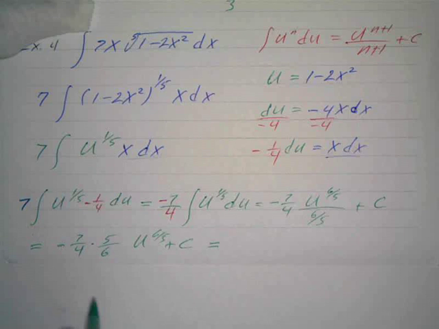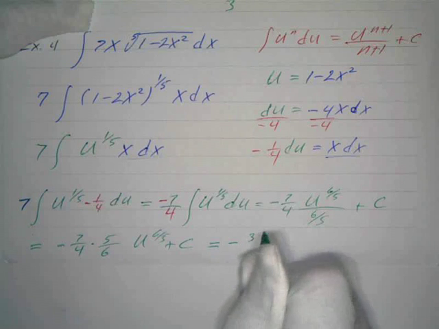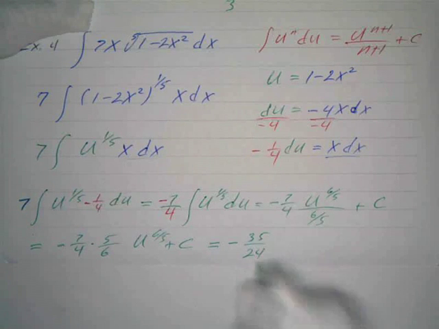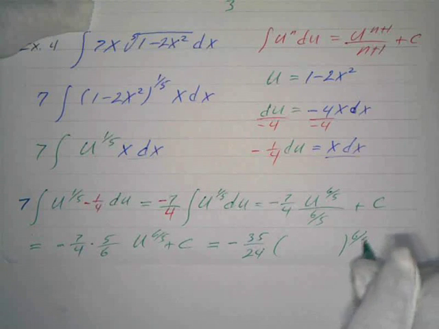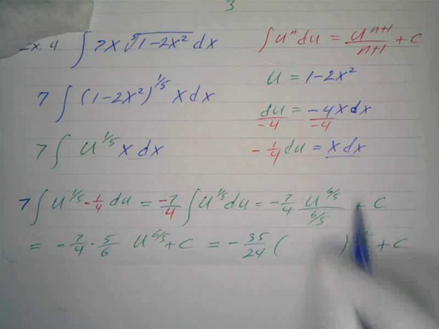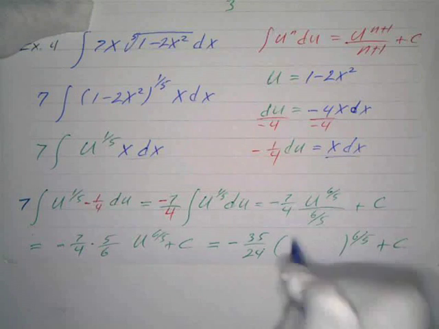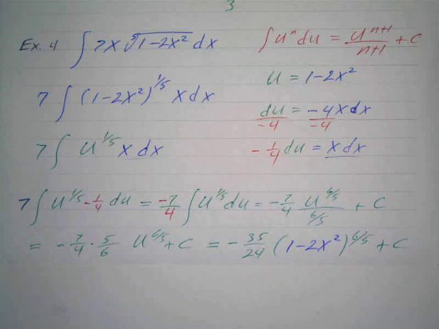That equals negative 35 over 24, which I can't simplify, so we can leave it like that, times u to the 6/5 plus c. And what was my u? Up here it says u is equal to 1 minus 2x squared, and you're done.